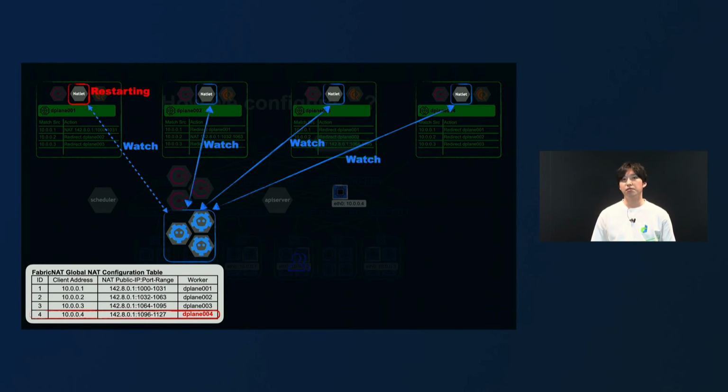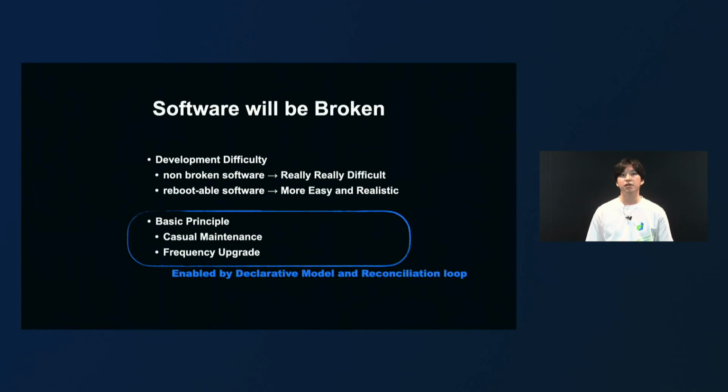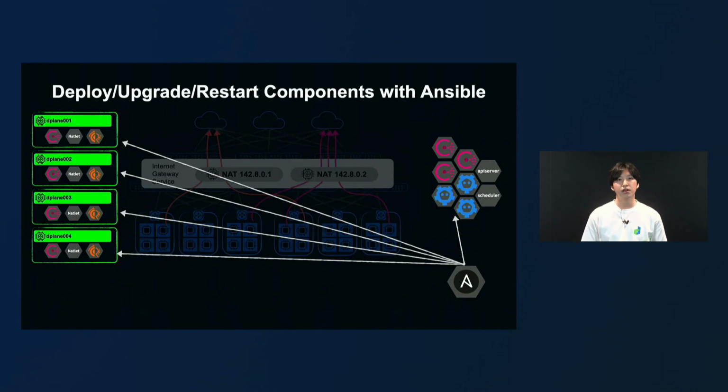On the contrary, with the decorrelated mechanism to watch resources, even when a restart happens while making a change, the reconciliation loop will be triggered, enabling the resource to restore to the state right before the restart. Decorrelated configuration can make every component easy to maintain with less operational burden, and we can take full advantage of software engineering power. Next, I will talk about how we operate and monitor these services on a daily basis.